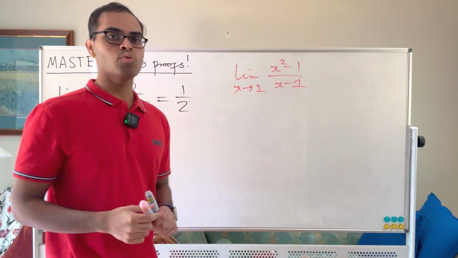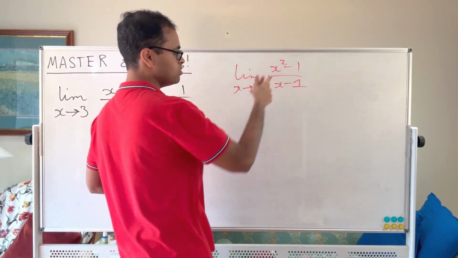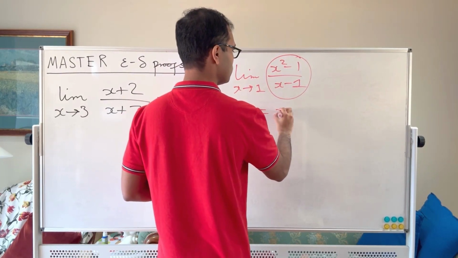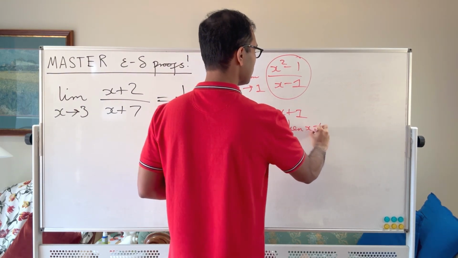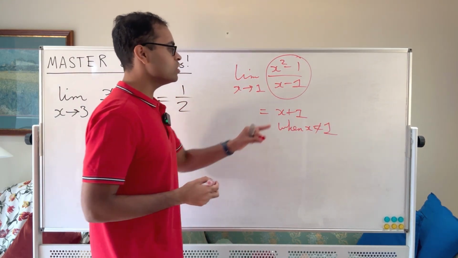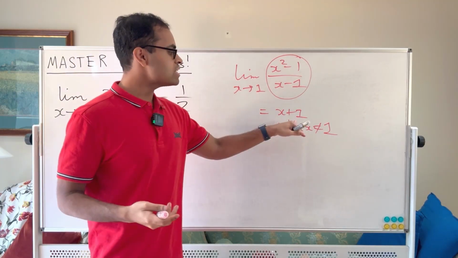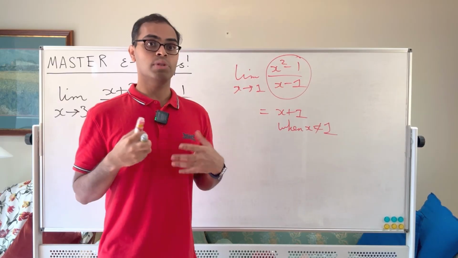But the same principles would apply. When you deal with these, this quantity is just equal to x plus 1 when x is not equal to 1. So as long as x is not equal to 1, this quantity is x plus 1. And so then you can basically do the same argument as if you had x plus 1, because they are the same expression. And that's how you do limits when they're 0 over 0 forms.